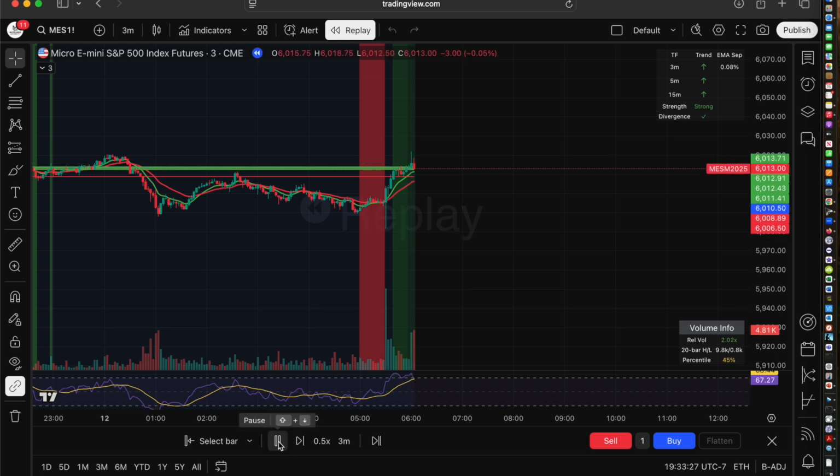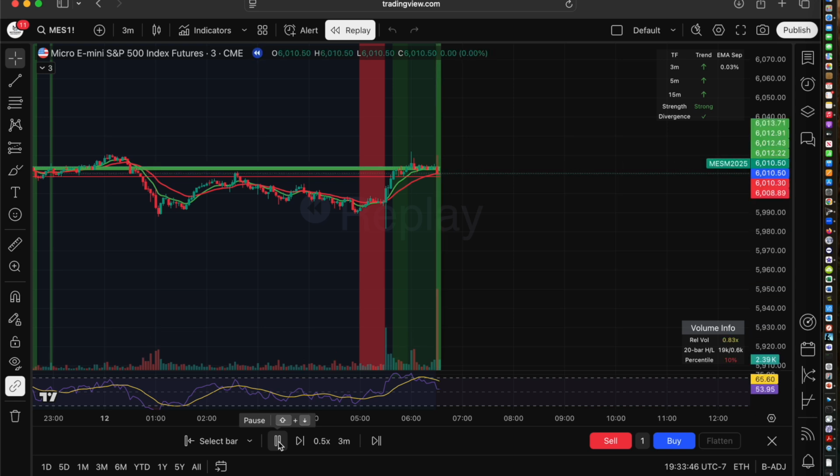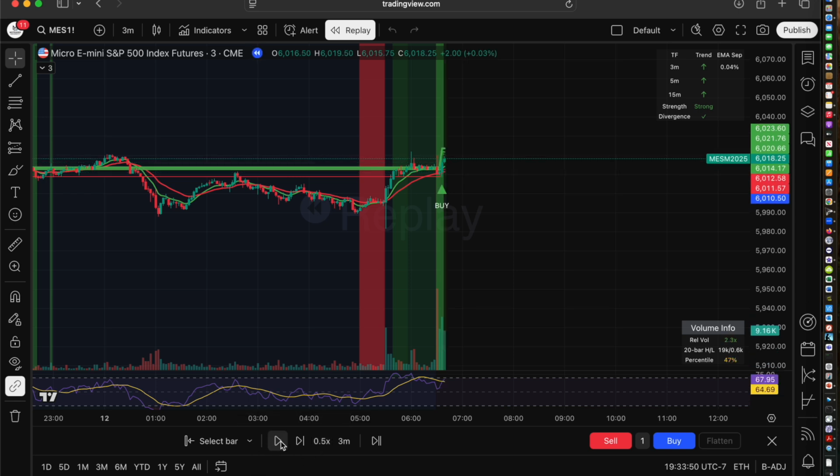So we're gonna wait for the buy signal to show up. Yeah, it's a little slow because we're using this replay speed, so I don't miss an entry.